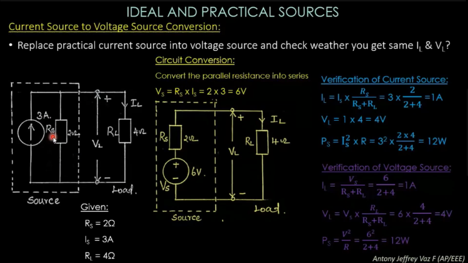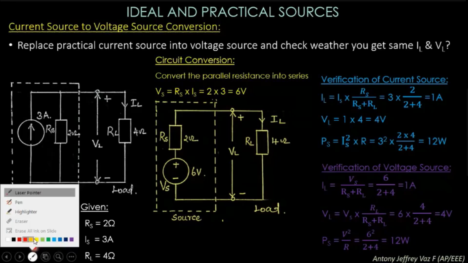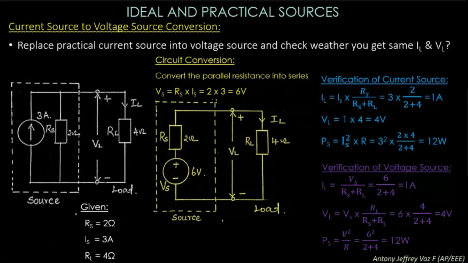For that, we are going to redraw the circuit and convert this current source into a voltage source. Here it will be plus and another one is minus.